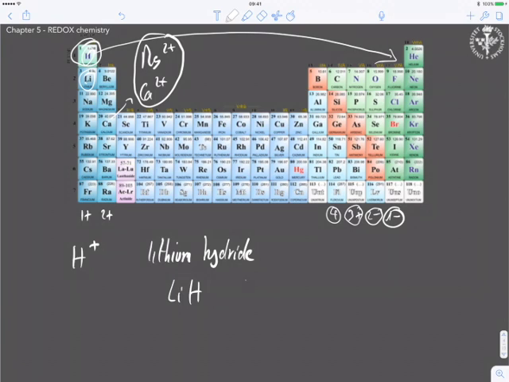In this case, lithium will be a plus 1, and hydrogen will be minus 1. So it's always very important to look at the various components in a molecule to see what would be the oxidation state or oxidation number of an element, and see what element is more electronegative in a substance.